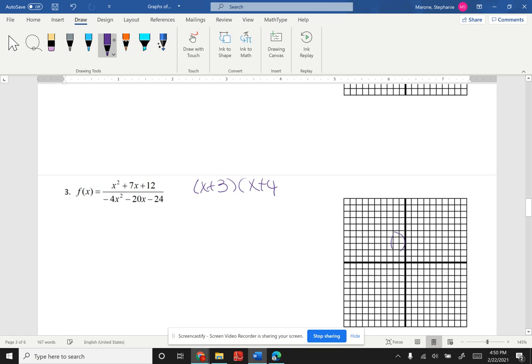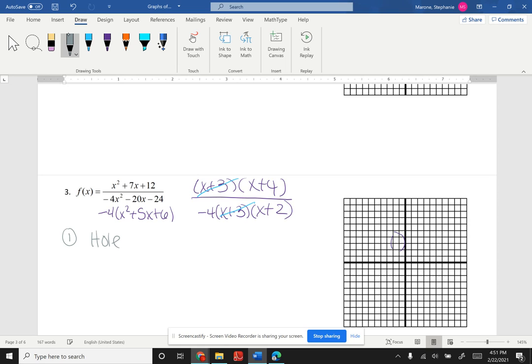The bottom, I can take out a negative 4, and I get that. And then I can see that there's a common factor. So for number 3, there's a hole at x equals negative 3.